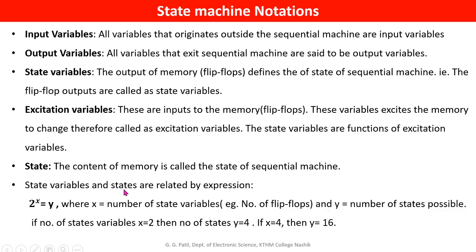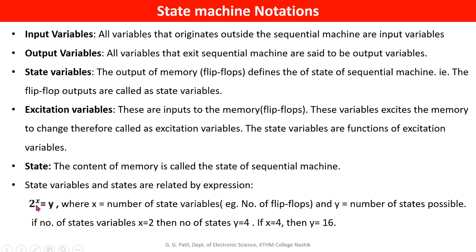The state variables and states are related by the expression 2 raised to x equals y. The number of times a question is asked on this relation between state variables and the number of states is high.